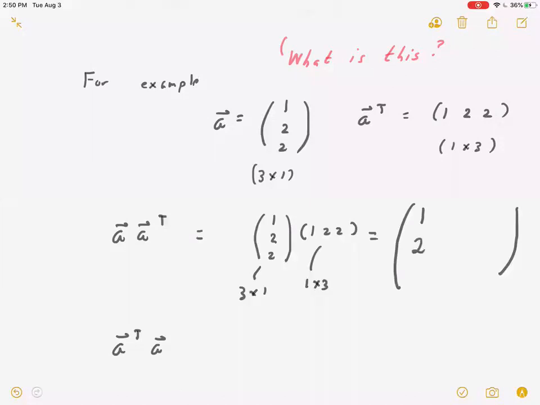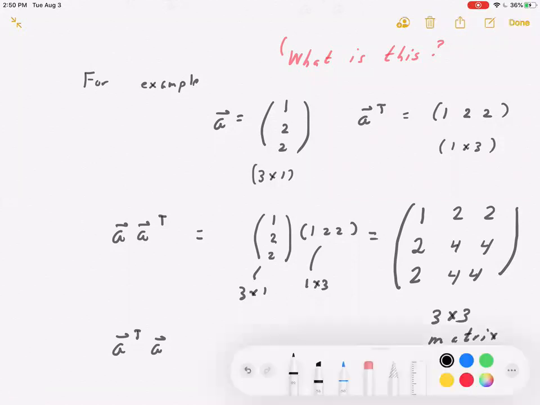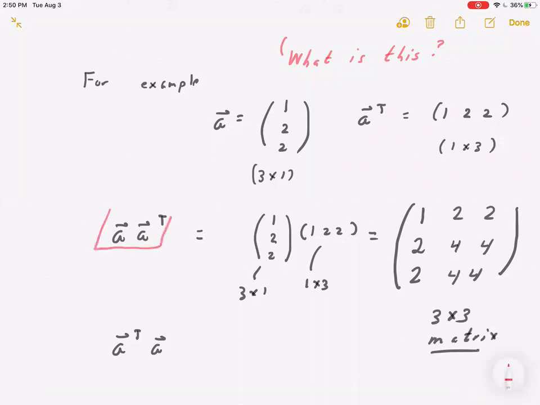And the 3×1 matrix element is going to be 2 times 1. And similarly, I can get the other 6 matrix elements by just using the standard rules of matrix multiplication. So when I take A and multiply it by its transpose, I have to get a matrix.